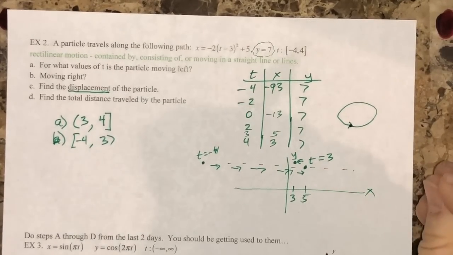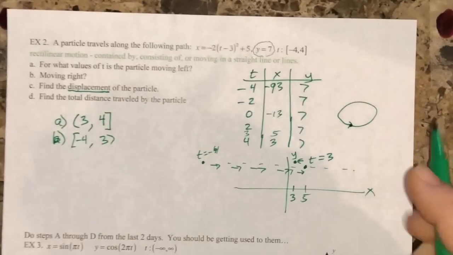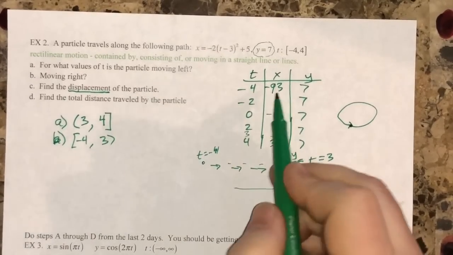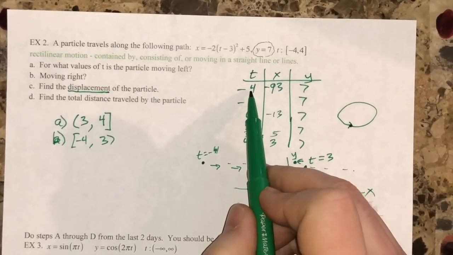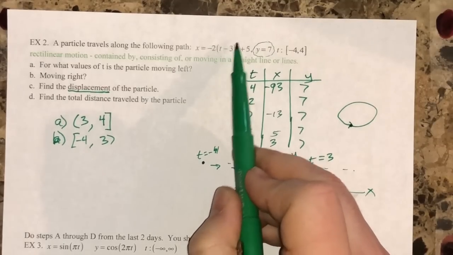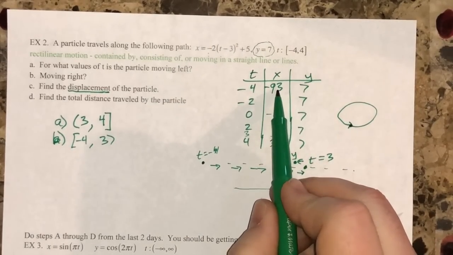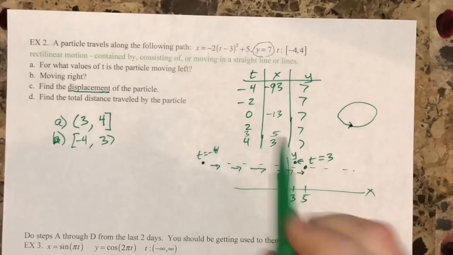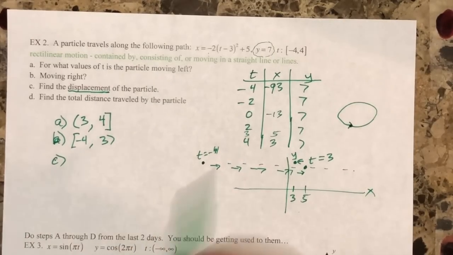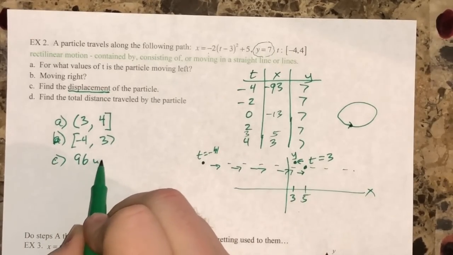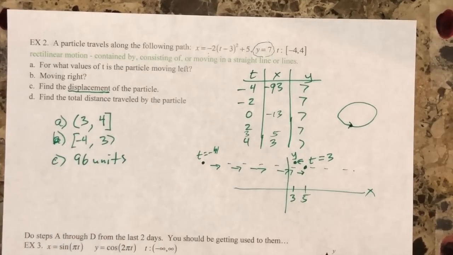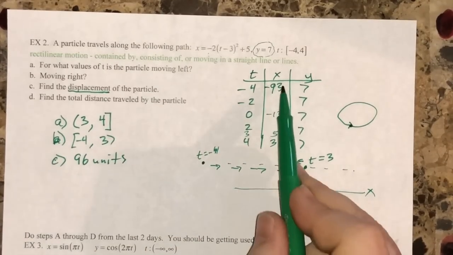How far have you left your opening spot? So we started at negative 93. Let me just double check that calculation. So that would be negative 7 squared is 49. 49, that's negative 98. Yeah, so negative 93. And we end at 3. Our displacement would be 96 units. So those are 96 apart.